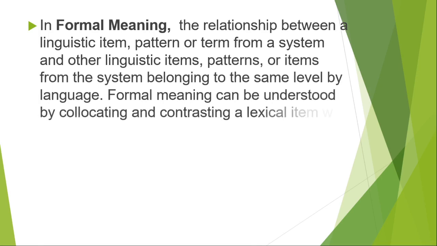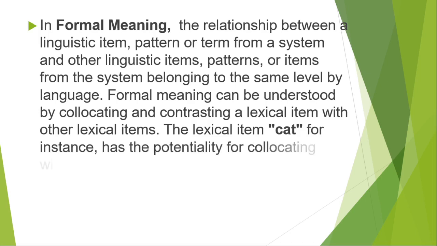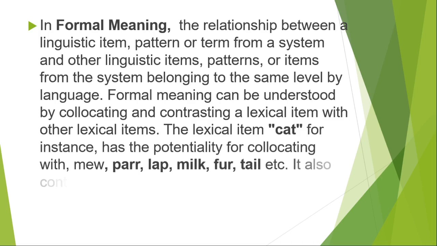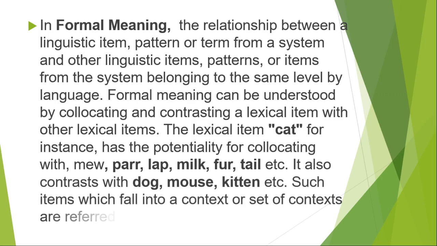The lexical item cat, for example, look at this example, has the potentiality for collocating with meow, purr, laugh, milk, fur, tail. It also contrasts with dog, mouse, kitten. Such items which fall into a context or set of contexts are referred to as an associative field.